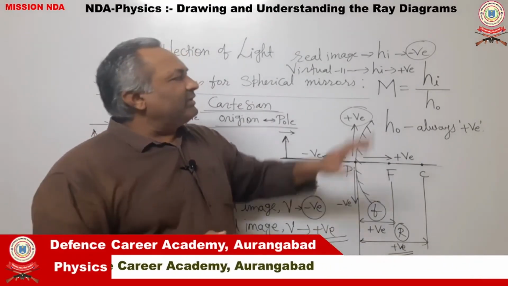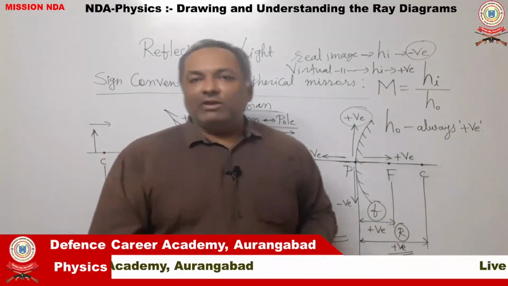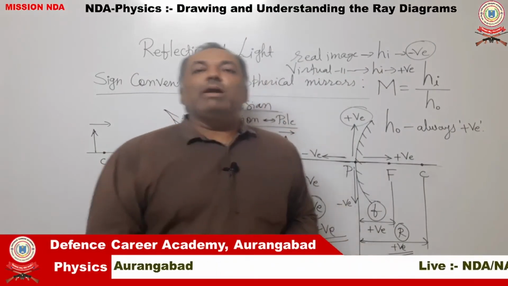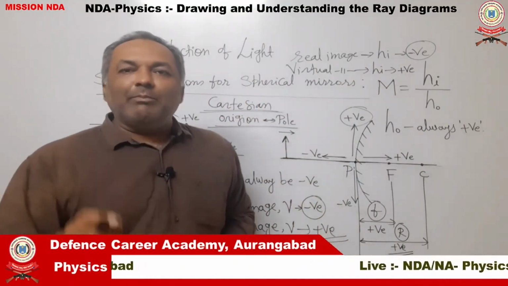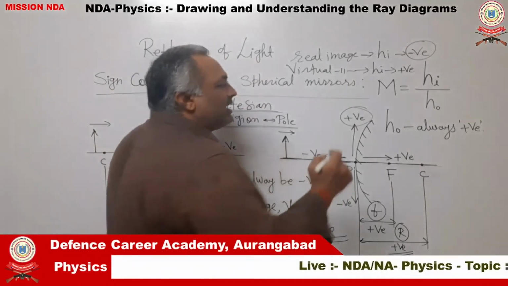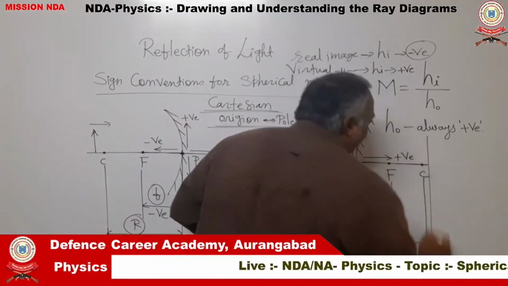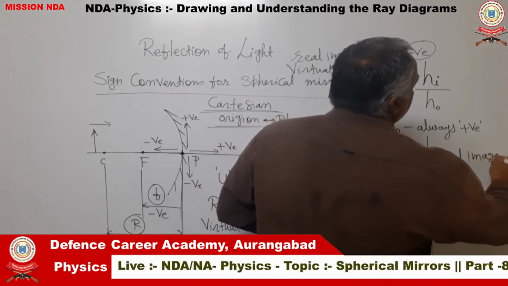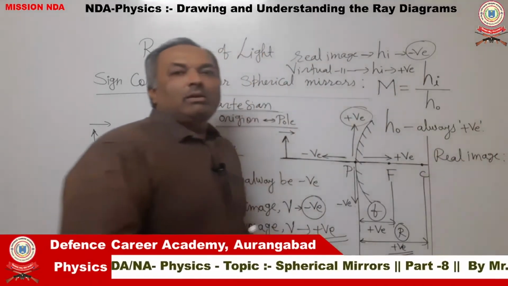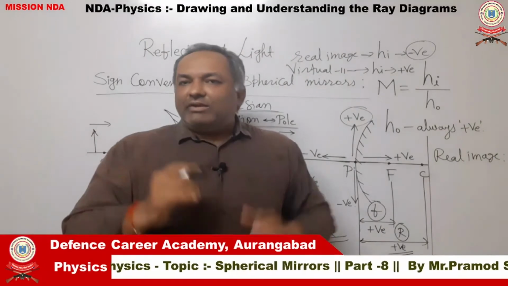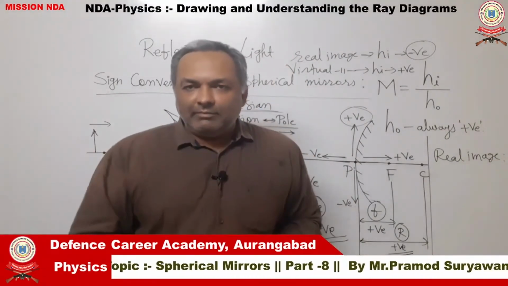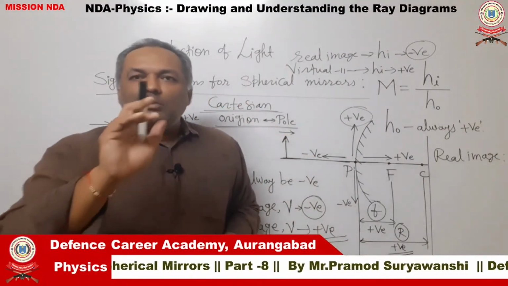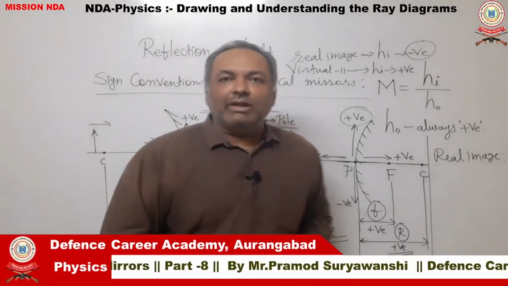The last point is about the sign of magnification. There also we can make a generalization. Now what would that be? It's very simple. See, if the image formed is real, we know that the object is erect and the image is inverted.